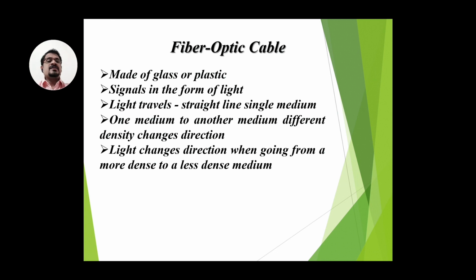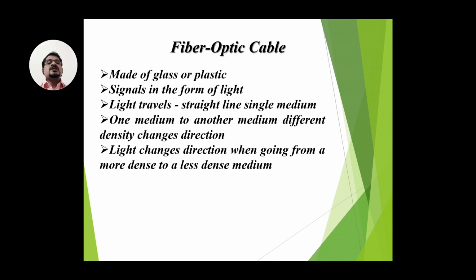So let us slightly recap those light principles. When light travels from one place to another within a single medium or surface, it travels in a straight line. Suppose the same light travels from one medium to another medium, which indicates that the density is going to vary.